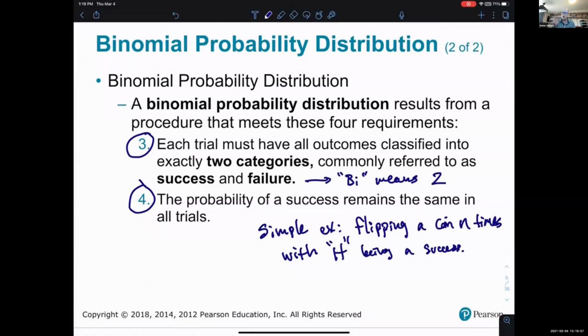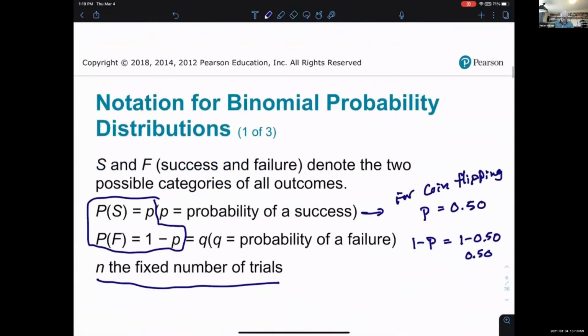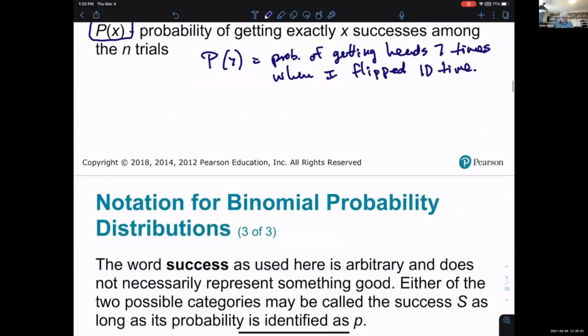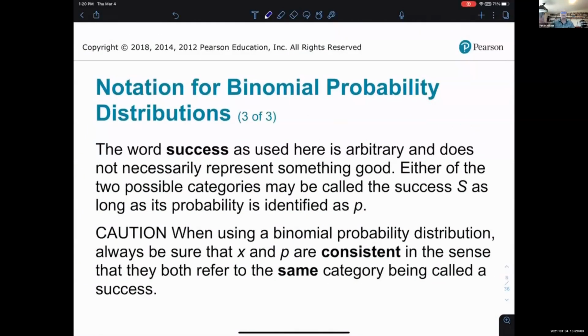That means for our example, the probability of getting an even total remains the same every time in those 10 times that I rolled the dice. And that's true. So actually rolling the dice and seeing if you get an even or an odd is an example of a binomial probability distribution.